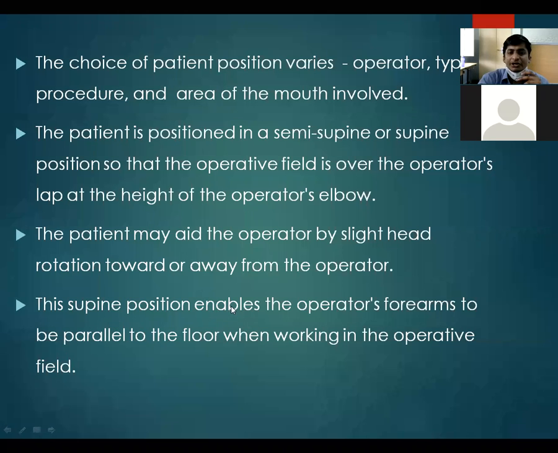This supine position enables the operator's forearm to be parallel to the floor when working in the operative field. This is also very important. So the important points: the operative field should be at the level of your elbow, and the operator's forearm should be parallel to the floor.